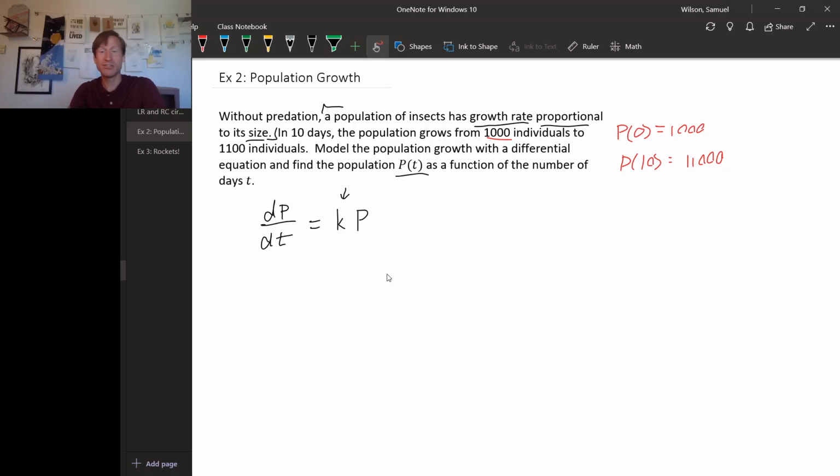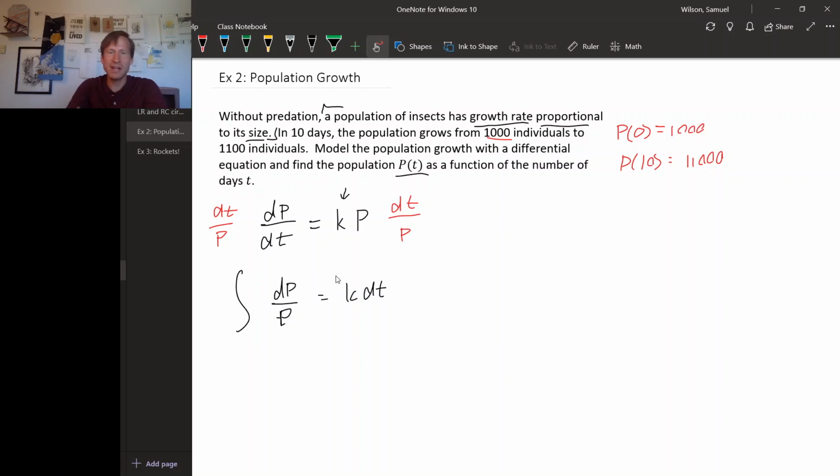All right, so let's go ahead and solve this. Now this differential equation, it is linear, but it's easier to solve it as a separable equation. So to solve it as a separable equation, let's multiply both sides by dt, divide both sides by p. This gives us dp over p equals k dt.